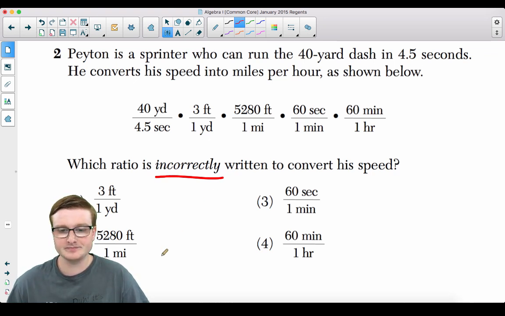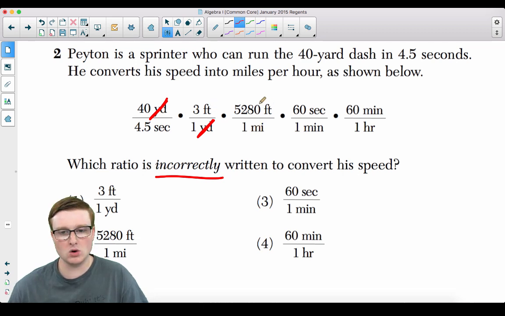So if we're looking at all of these conversion factors, we're looking for a possible conversion factor that does not cancel something out. For example, you see how yards over seconds and then feet over yards, the yards cancel. Then all of a sudden there's feet over yards equals feet over miles.